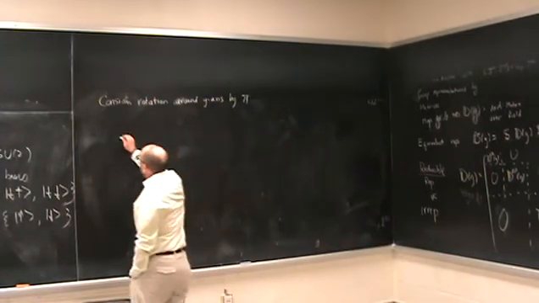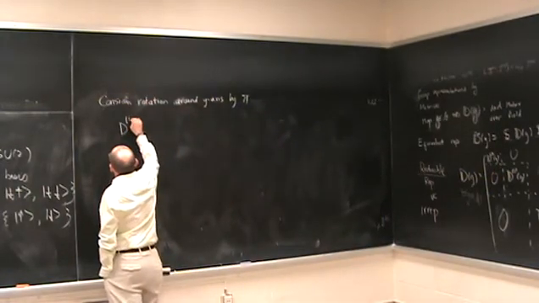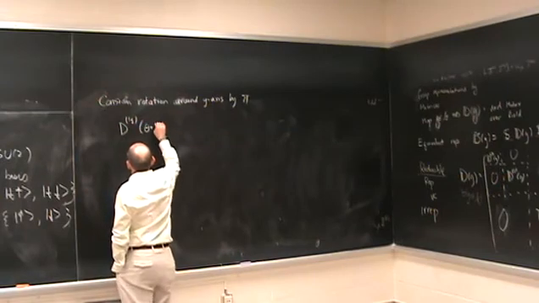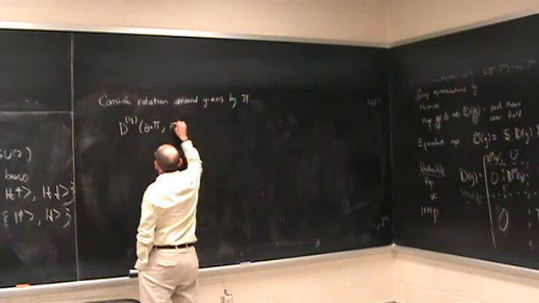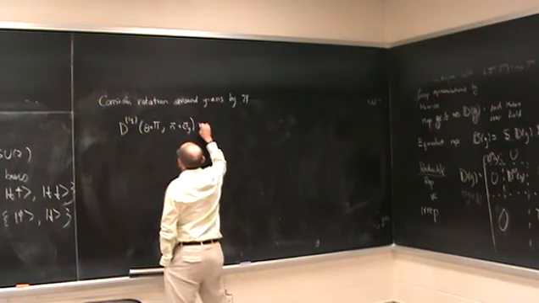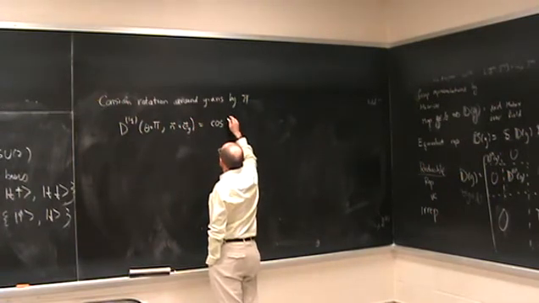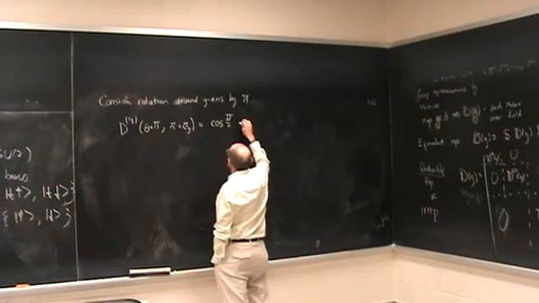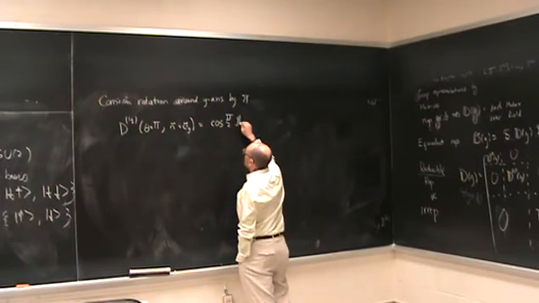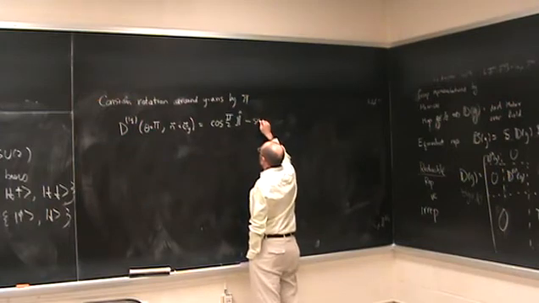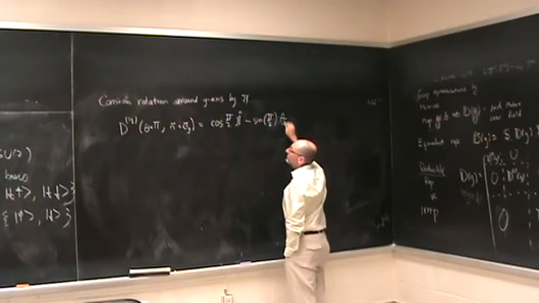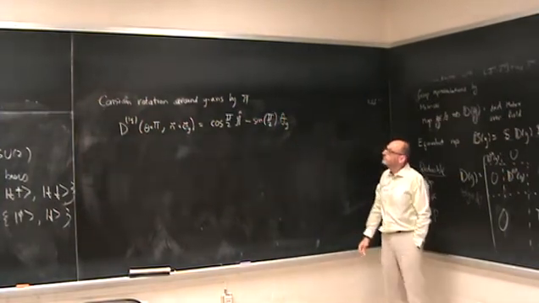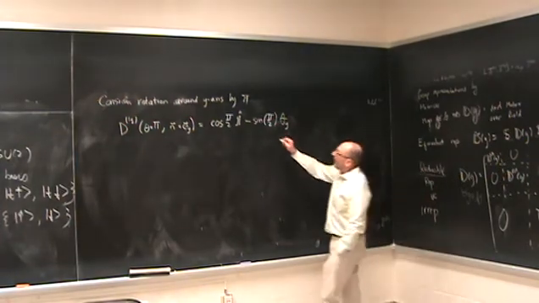So for this one, j equals one half, theta equals pi. The axis is the y-axis. That's cosine of pi over 2 times the identity minus i sine of pi over 2 times sigma y.